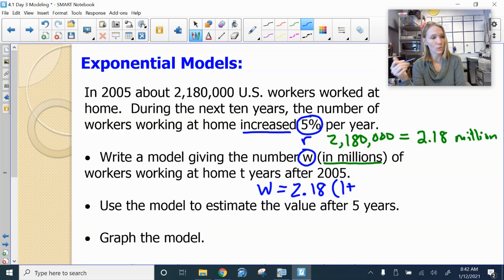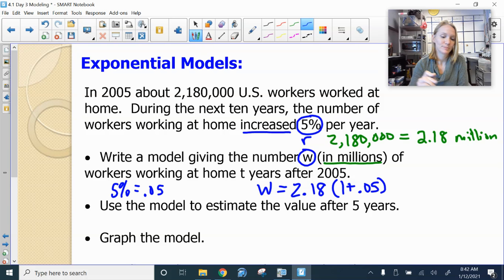Now again, I'm not going to write 1 plus 5. I need to change 5% into a decimal. 5% is 0.05. And then I would just raise it to the t value. So there's my equation. That's all that first part is.